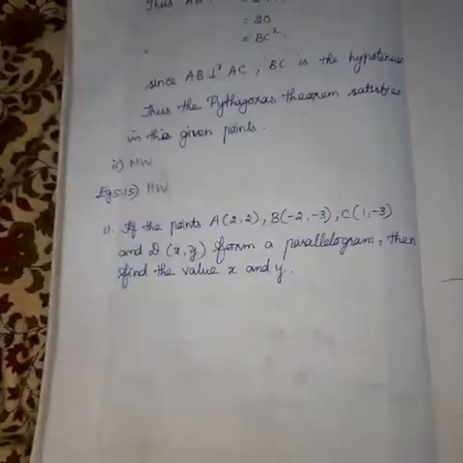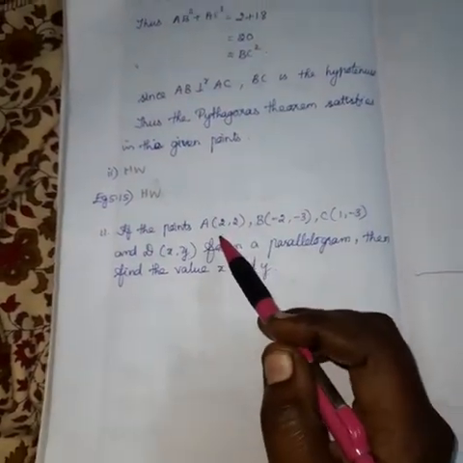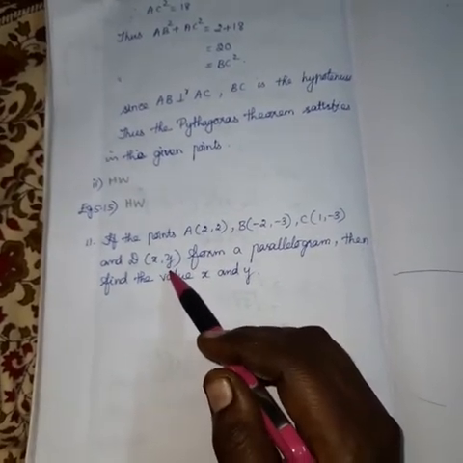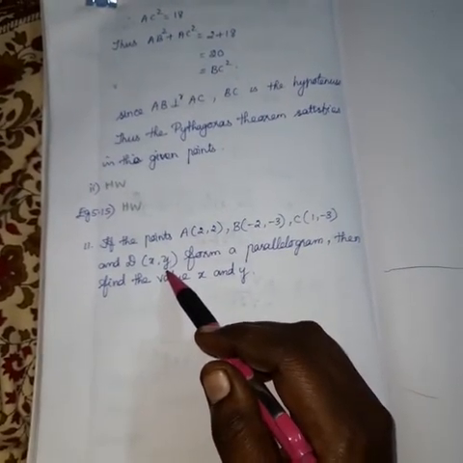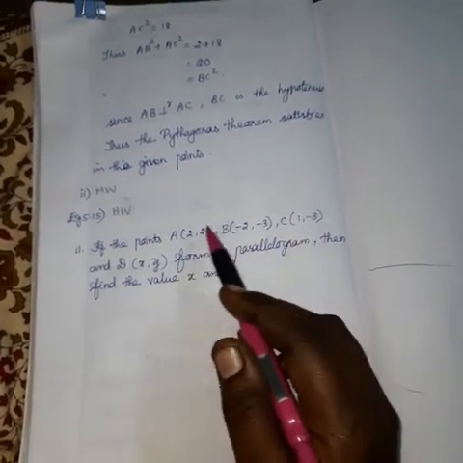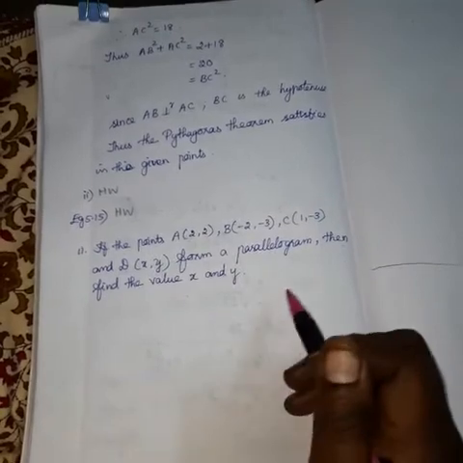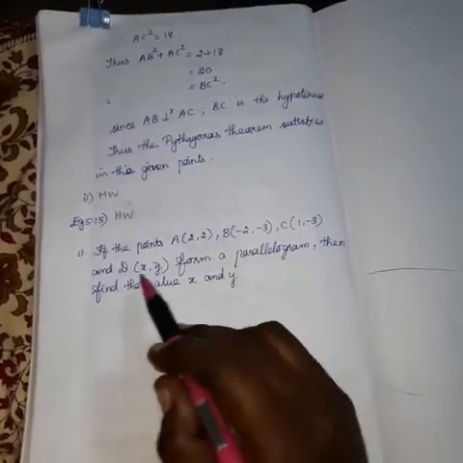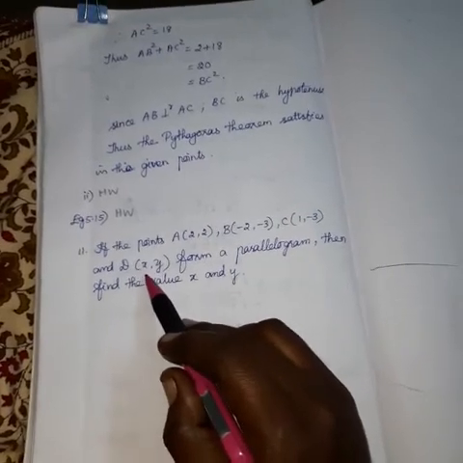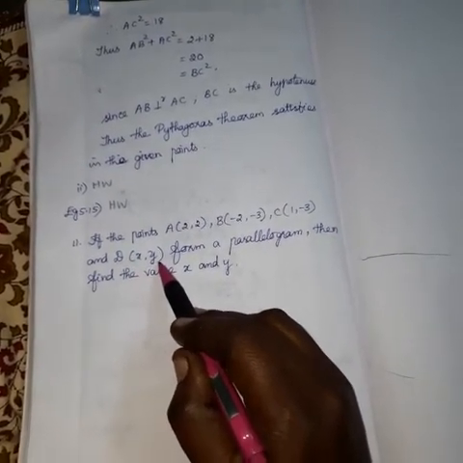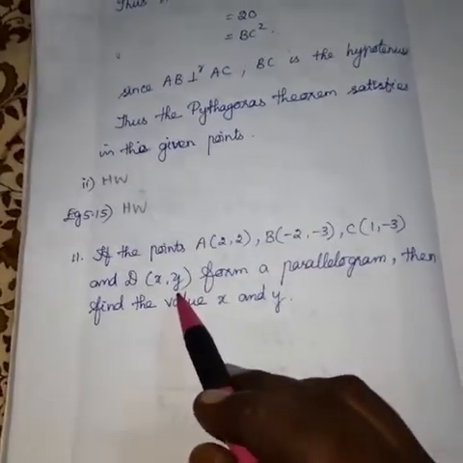Understood? Actually, when the points are given, you have to plot all the points and join them and choose the order in the anti-clockwise direction. Okay, it is the procedure. If they give the names also you have to do that, but in this question they gave the D coordinate as x comma y, a variable, so we cannot plot the points.